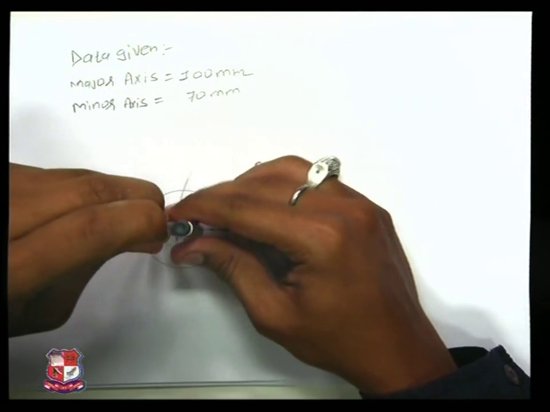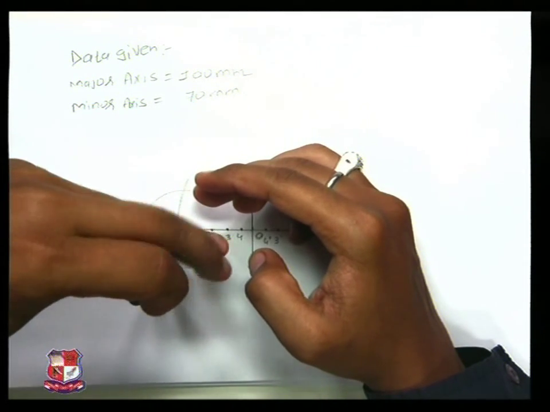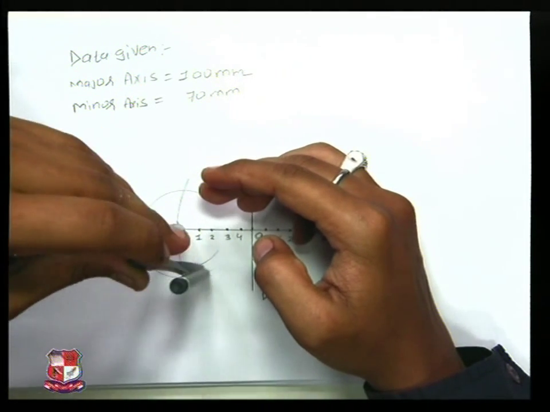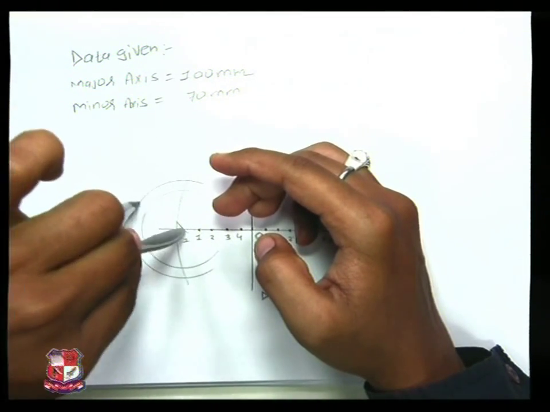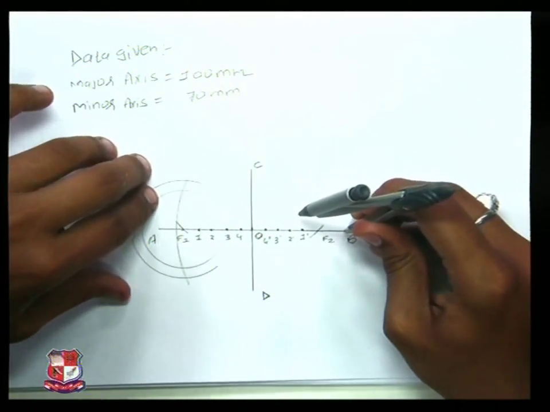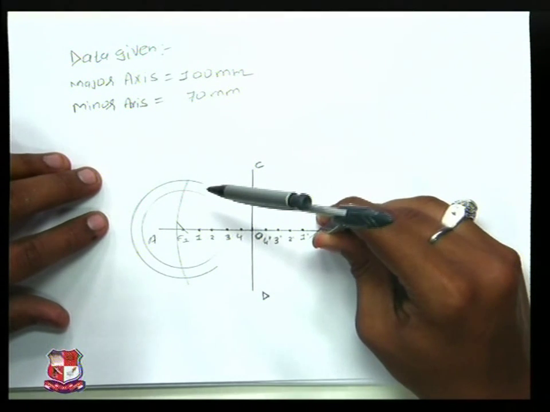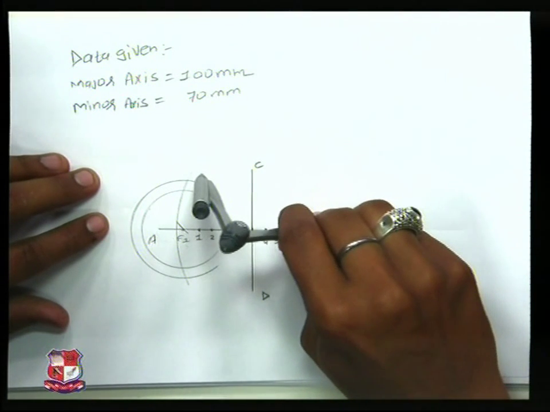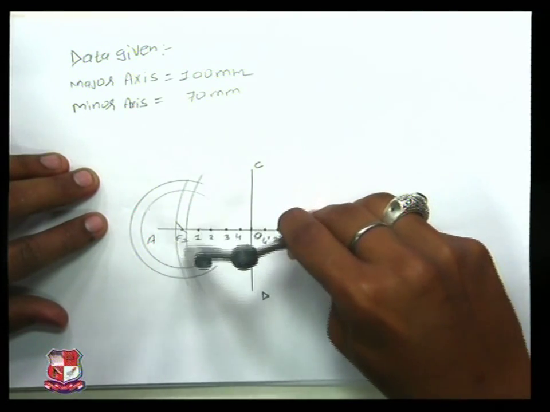A2 as radius, F1 as center. Draw an arc like this. Same way, B2 as radius, F2 as center, and draw an arc like this.